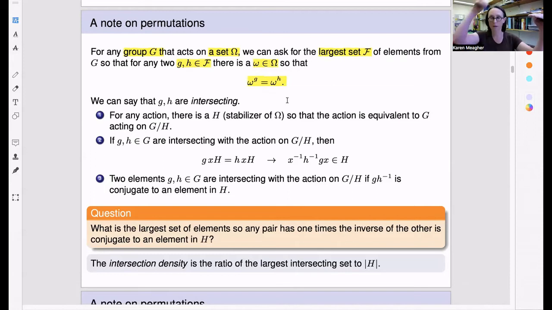So I've got a group acting on a set, and two elements in the group are going to be intersecting if there's some omega that they map to the same spot. So that's my idea of intersection.